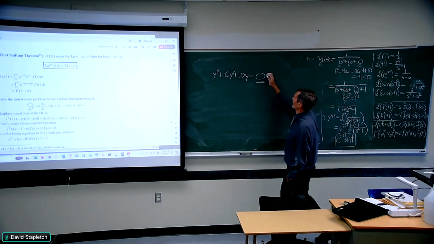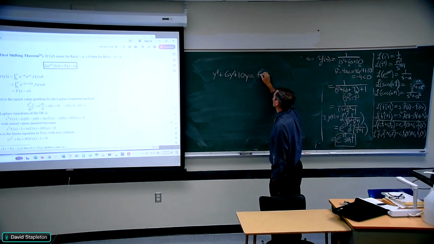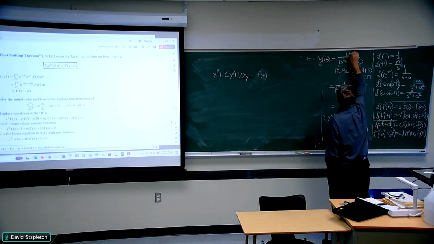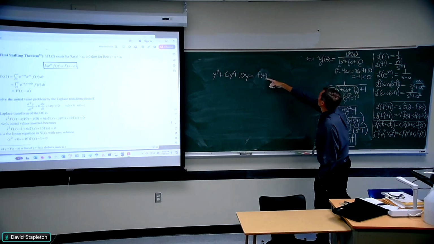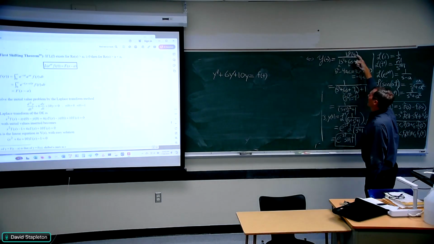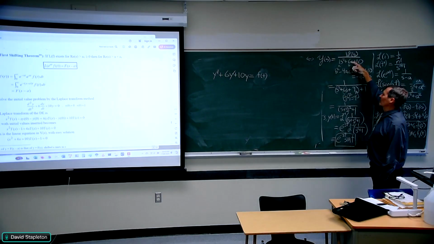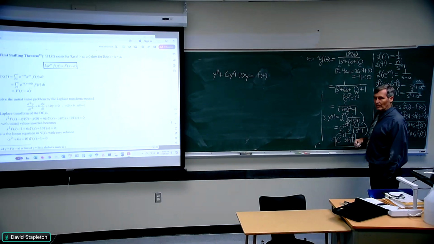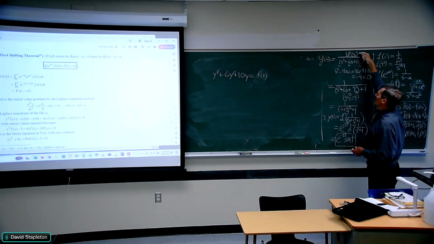But what if it's non-homogeneous? What if I put an f of t over here? Now I've got a non-homogeneous problem. When I take the transform, I get this with an f of s, the transform of this one. And so now it may not be a simple matter of just using partial fractions or completing the square. What happens in a lot of practical situations, though, this happens in electronics engineering a lot, this actually comes out to be a polynomial.